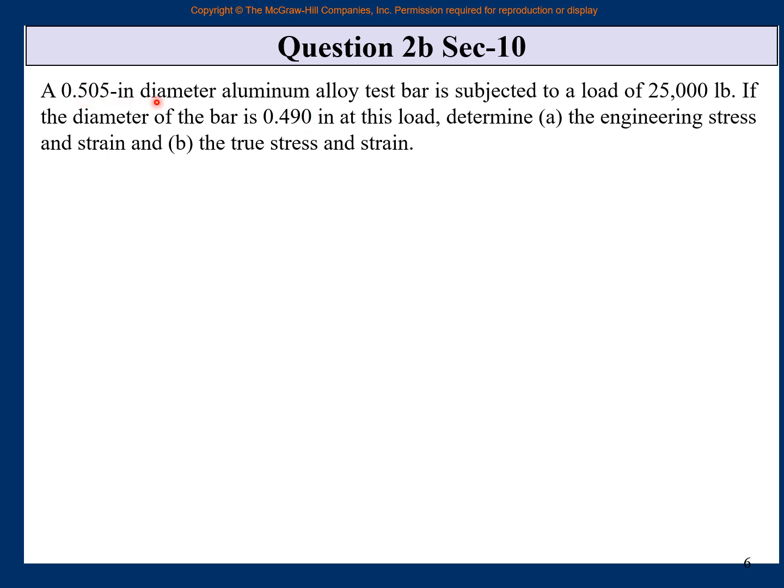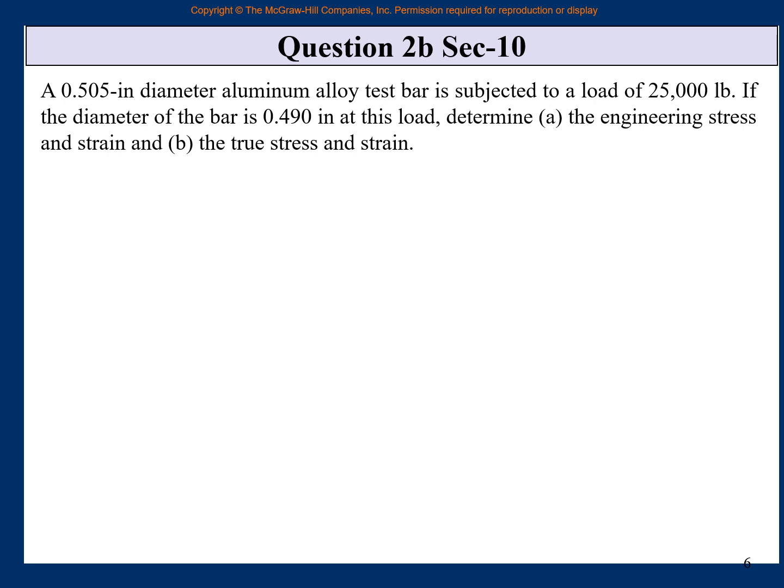Engineering stress is F upon A, where F is the force and A is the original cross-sectional area. If the original diameter is given, then the area is pi by 4 d squared, so you can solve for engineering stress. Engineering strain is delta L by L naught, the change in length upon L naught. It is not given, so let us stop it for now.